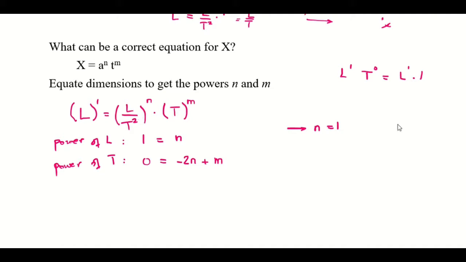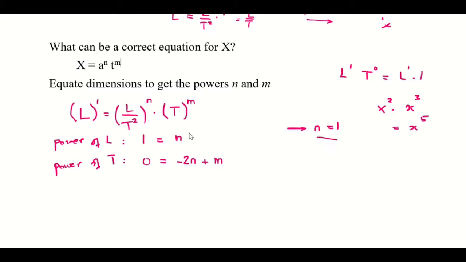For example, x squared times x cubed becomes x to the 2 plus 3. So the powers are added together. So we add the minus 2n and m.